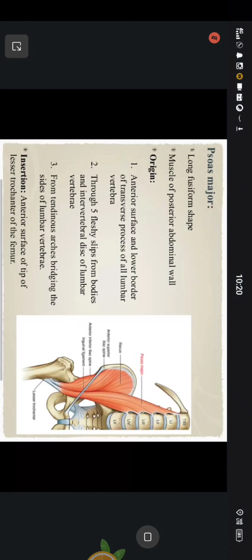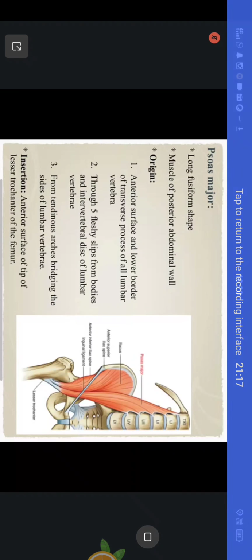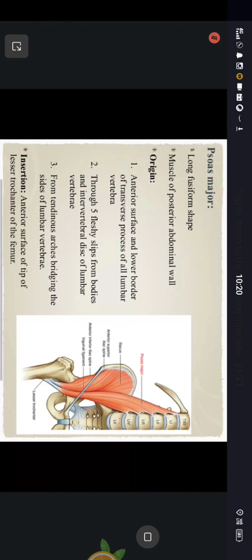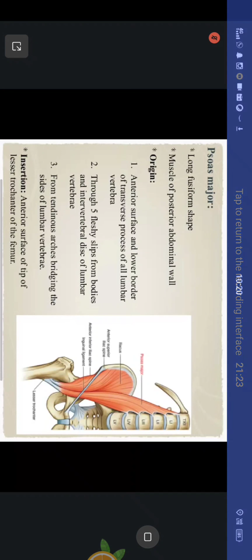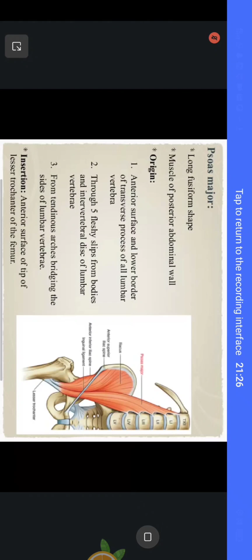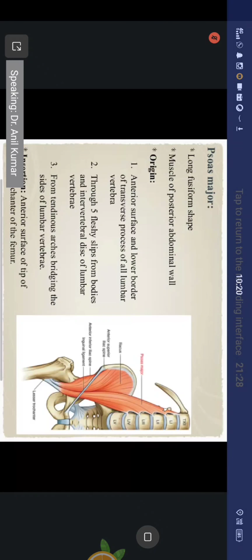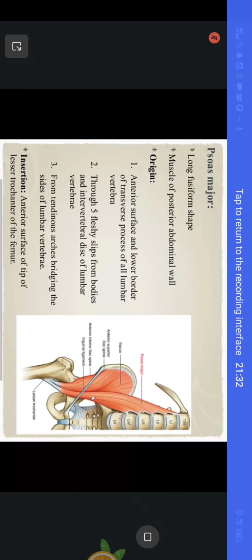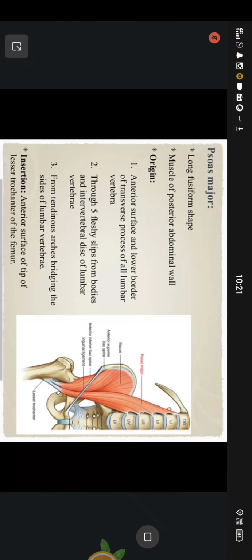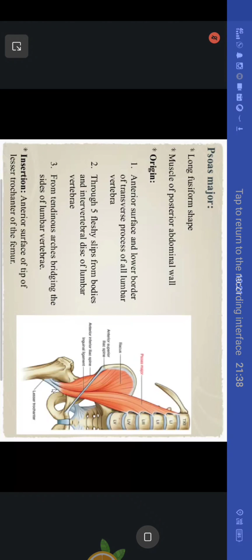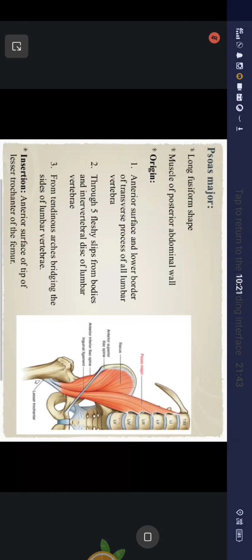Like that, some fibers arise from the tendinous arches bridging the sides of the lumbar vertebrae. And all these fibers run downwards below the inguinal ligament, enter the upper thigh region, and are inserted into the tip of the lesser trochanter of the femur, along with the iliacus.